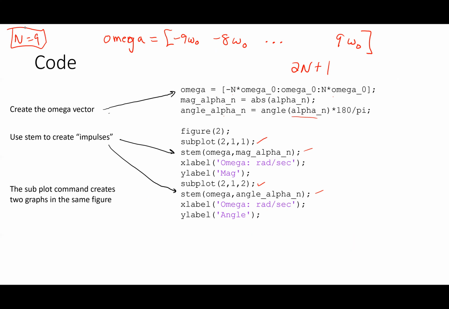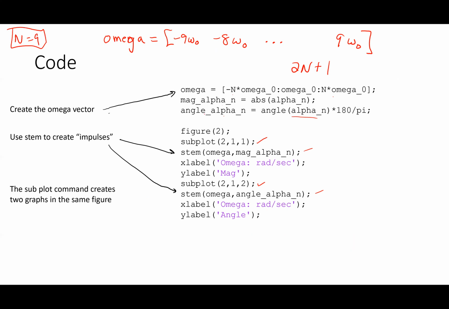Yeah, the 2n comes from the fact that there's a positive frequency and a negative frequency term. So I always have 2 times for every sine wave, and then there's the DC term. So that's the plus 1, because for the DC term there is no negative 0, right? So I had 2n plus 1 terms.